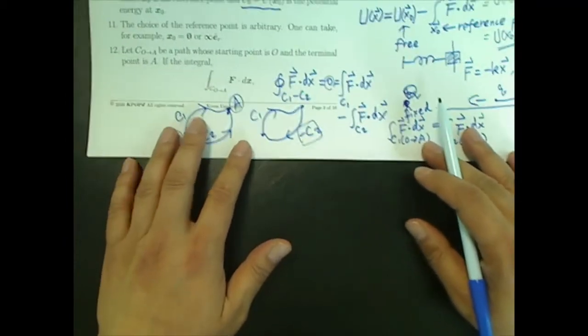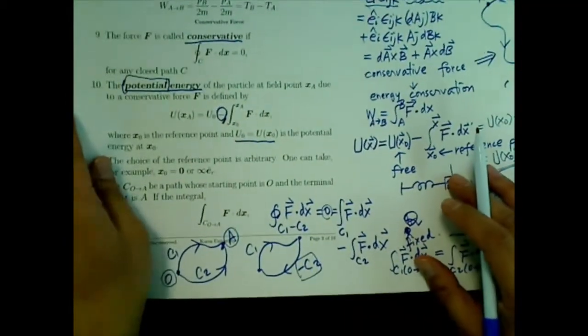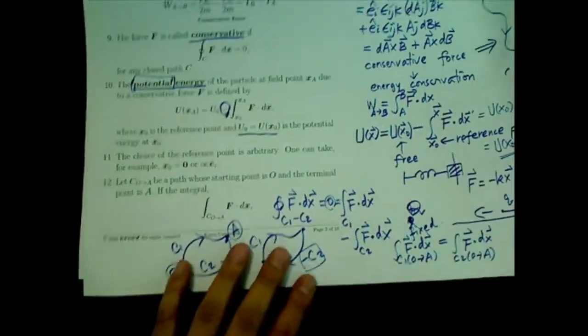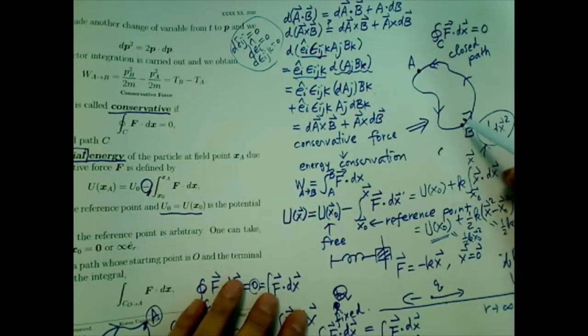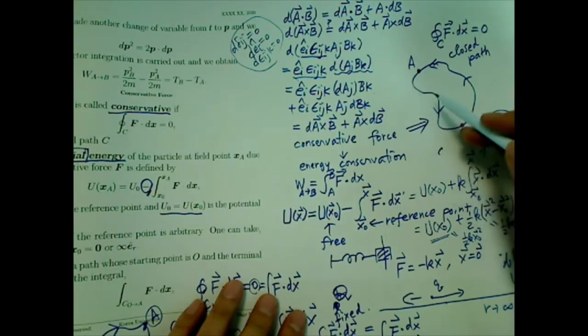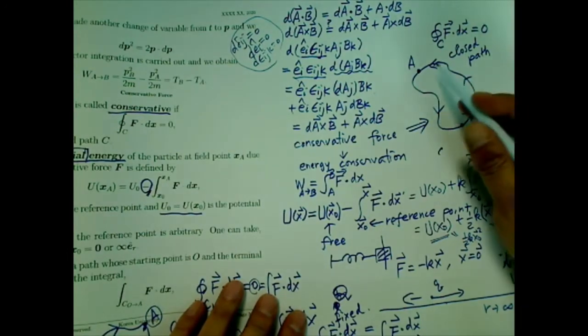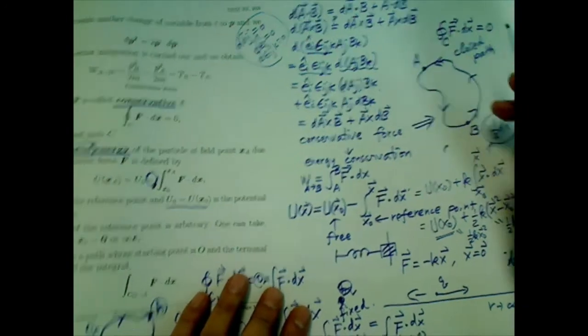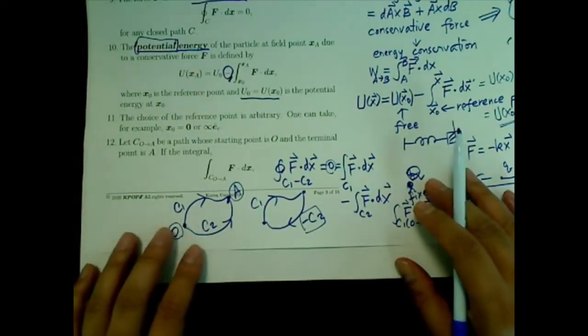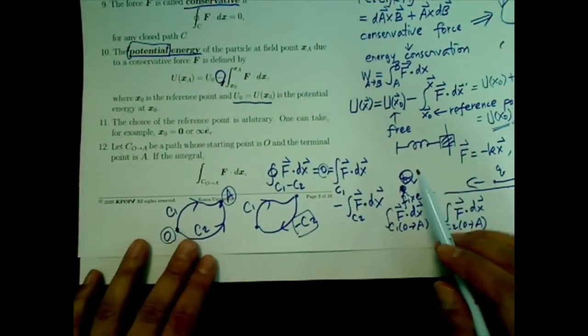Therefore, another interesting result coming from this fact is that the work done by a conservative force along a closed path should vanish. That is equivalent to the following statement.